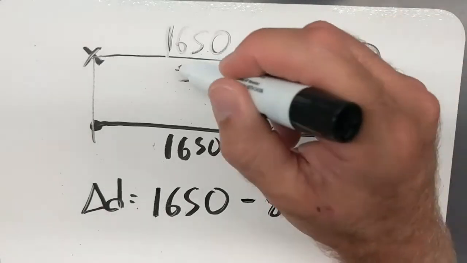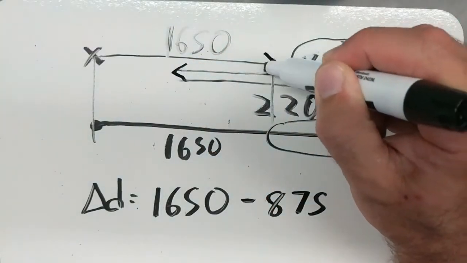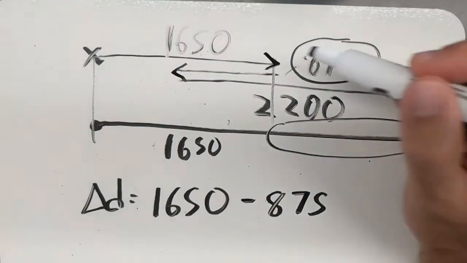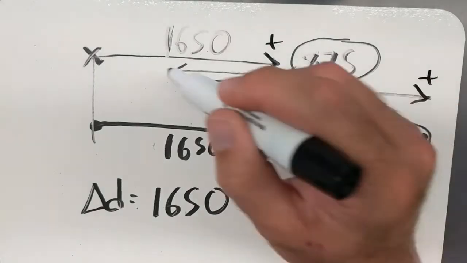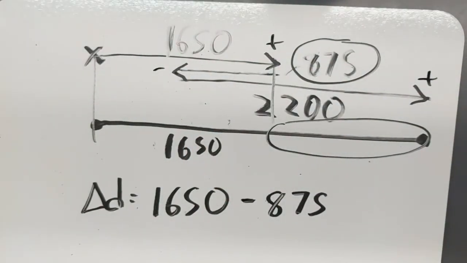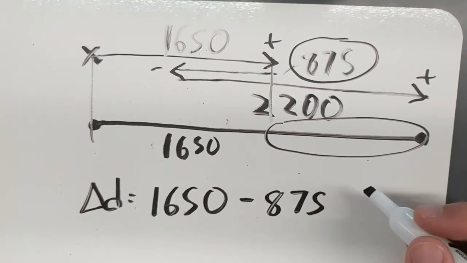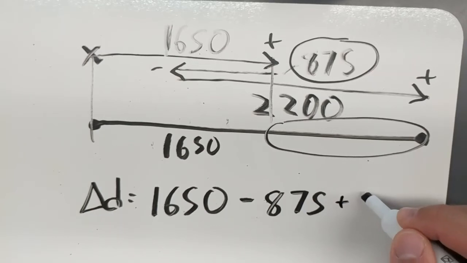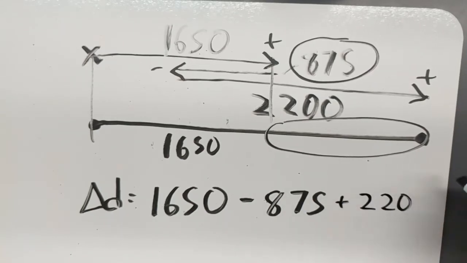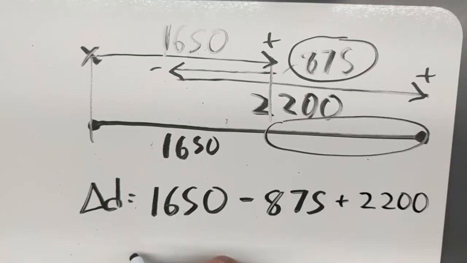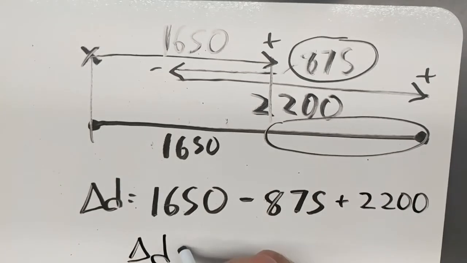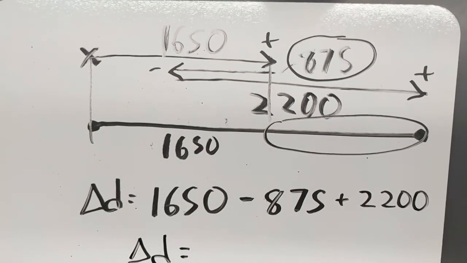This is a positive direction, that's a positive direction, but that's a negative direction. So displacements are vectors. So 1650 minus 875, then plus 2200, all in meters.